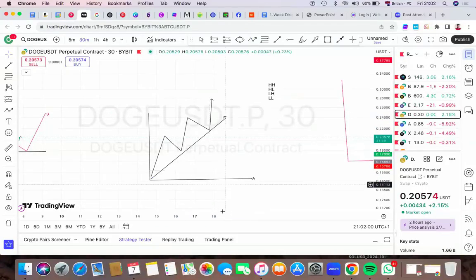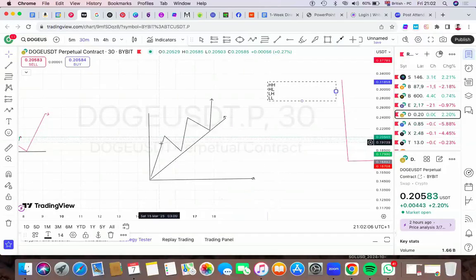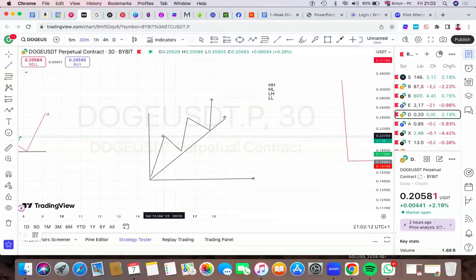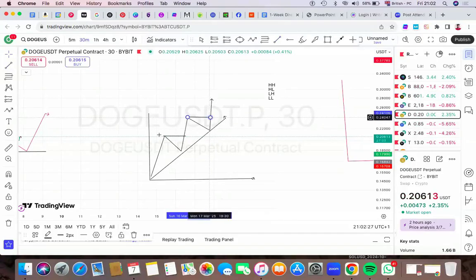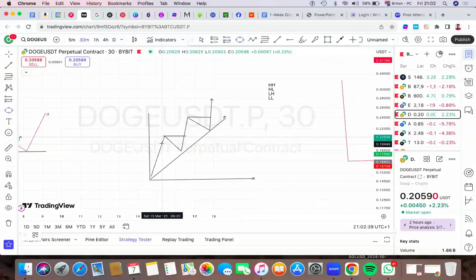Okay, so now we draw our trend line. This is what we call an uptrend, and we can see the market is moving in an uptrend. It's creating higher highs.